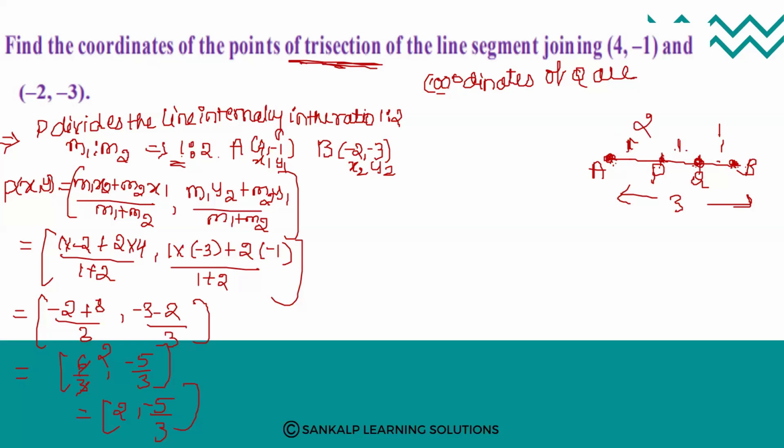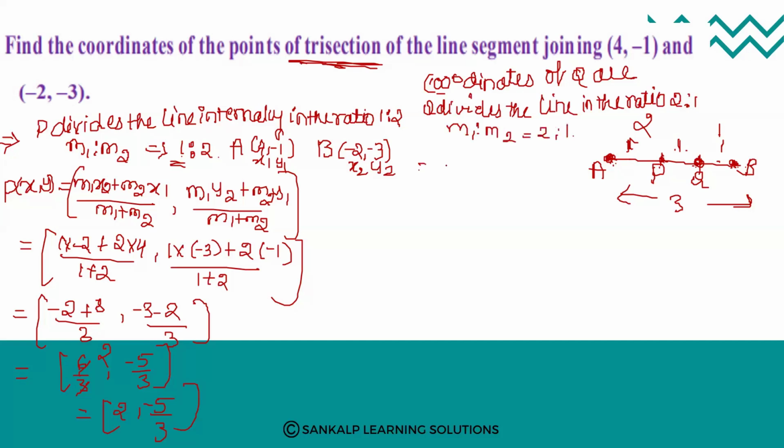That means Q divides the line in the ratio 2:1. Yes or no, my dear children? So now m1:m2 value is 2:1.